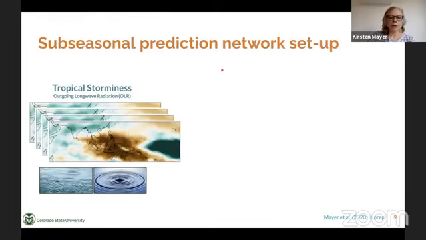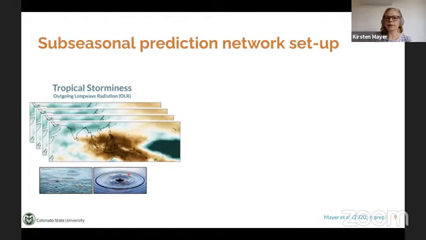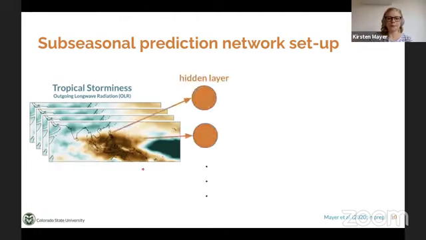In order to orient us, I've made the neural network setup on this slide for the subseasonal prediction, where we input tropical storminess. Again, the teal color indicates enhanced rain, and the tan color indicates suppressed rain or very sunny weather. And we input all days, so days where the MJO is not active and days where the MJO is active. And we want to see if it can pick out these opportunities. We input individual days into our hidden layer to train it.